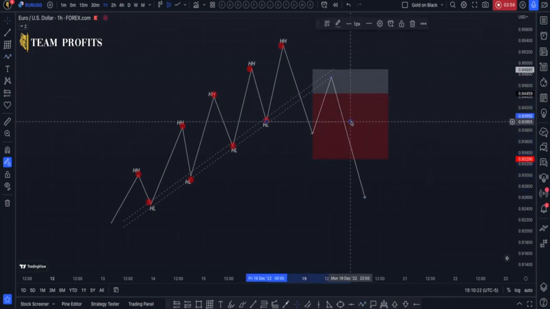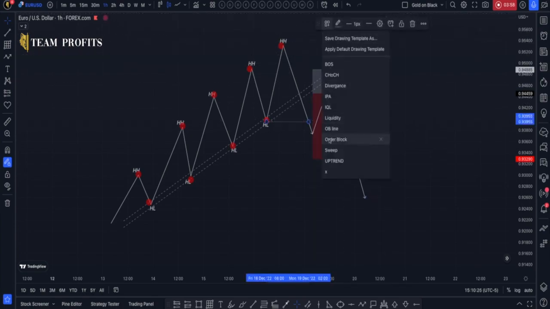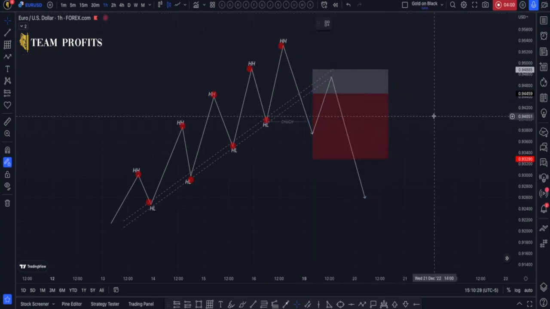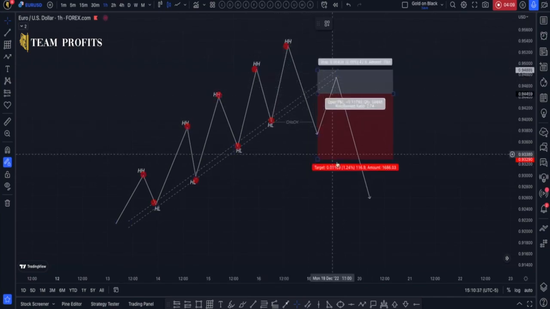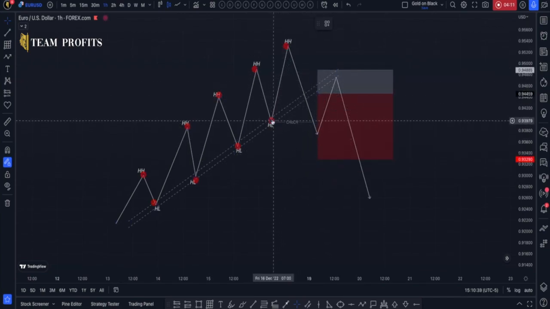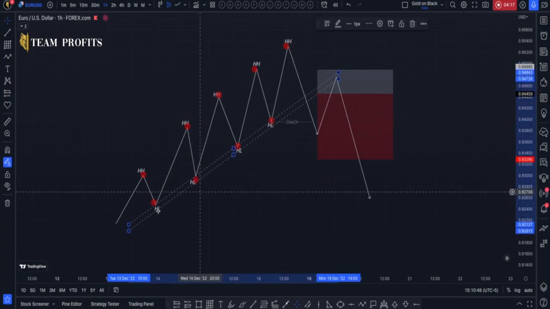So this concept, this change of character right here, is very important, and many people fail at this. Like, as I mentioned, you don't have to be a smart money trader, you're just a retail trader, but you have to understand that the market is changing direction after breaking the confirmed higher low. The market is breaking the invisible line that you just drew right there, but this means nothing.